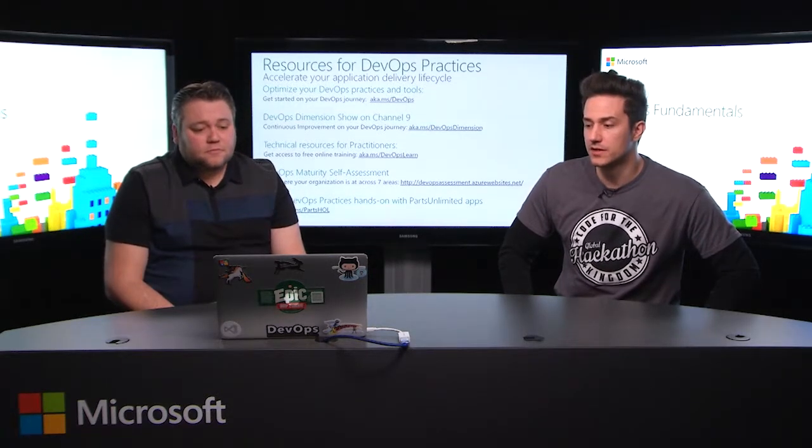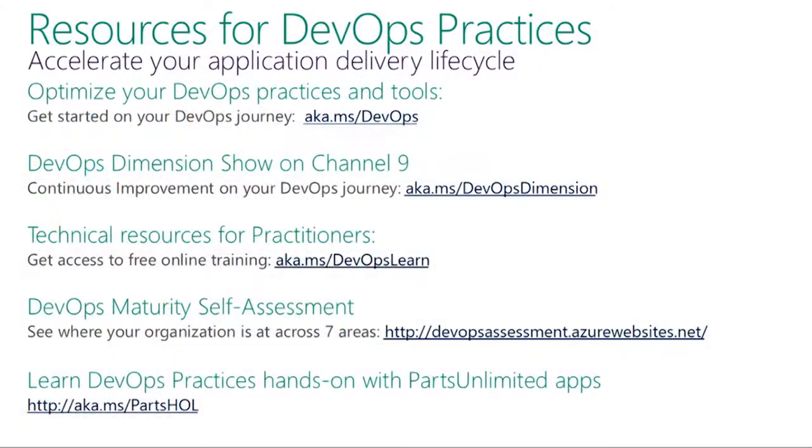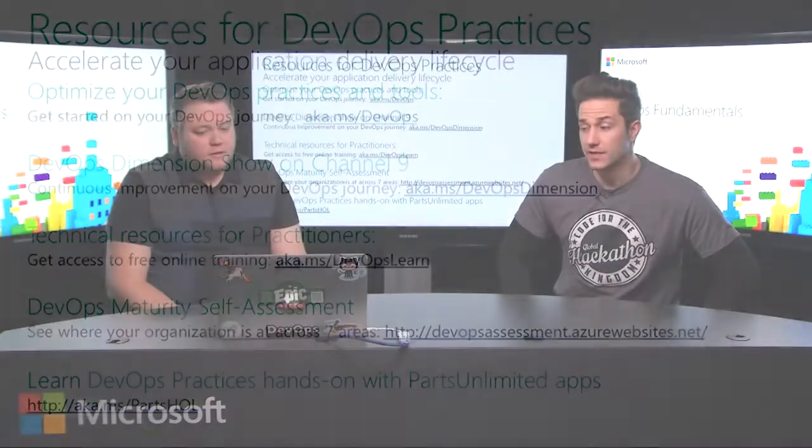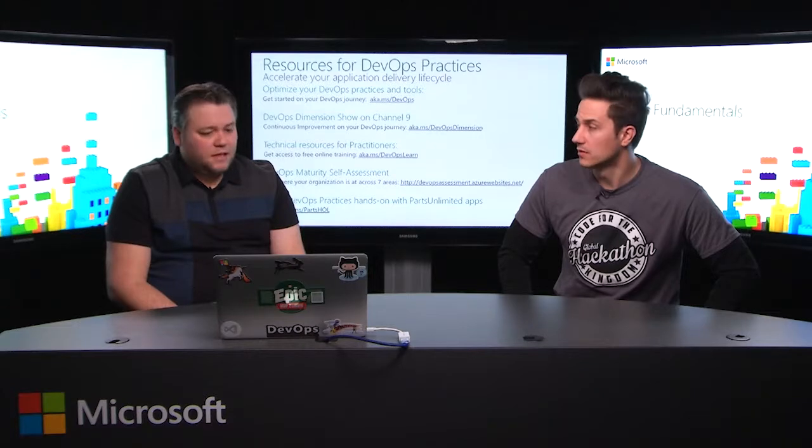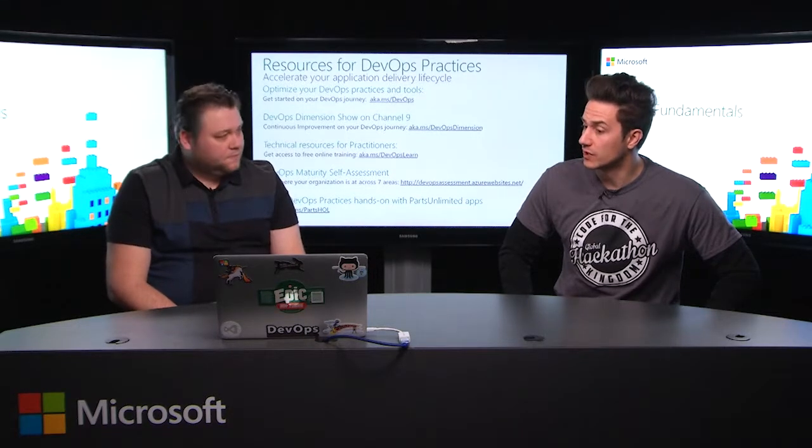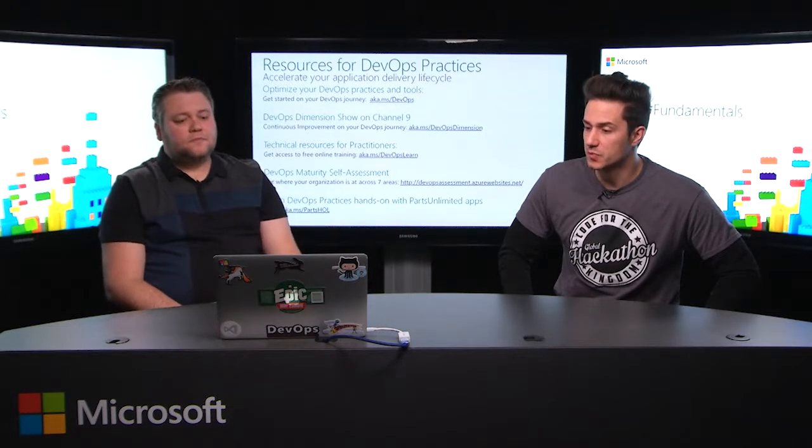The middle one is aka.ms/DevOps Learn. There are a number of courses that relate to DevOps from various topics: Azure automation, things like PowerShell, and a number of other technologies that relate in different ways to DevOps, and that's a good resource to check out. That's an MVA? Yeah, so that redirects to an MVA course page.